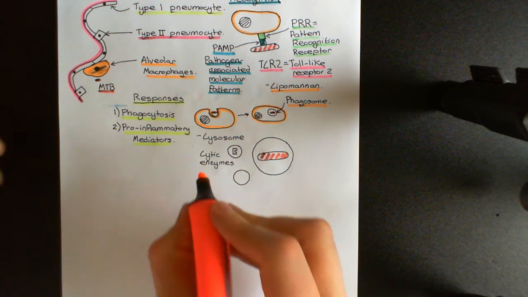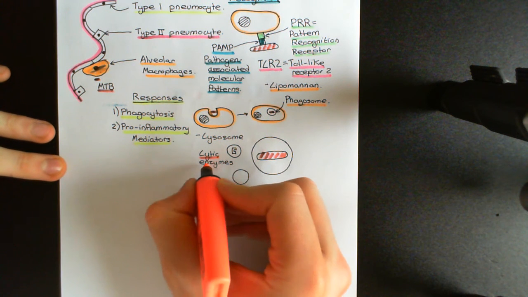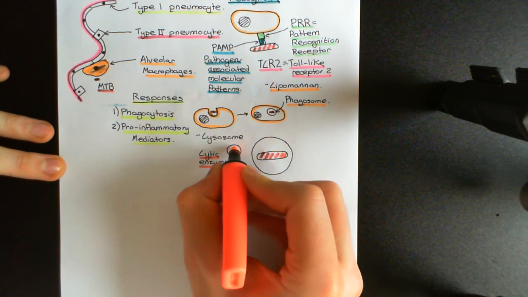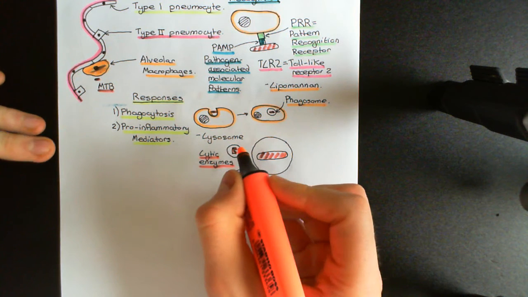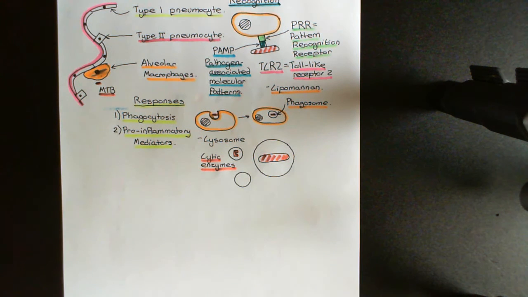And you'll have lytic enzymes that are capable of breaking down all sorts of different biomolecules. By biomolecules, I mean nucleic acids, proteins, lipids, carbohydrates. You'll have enzymes for all those different types of biomolecules that will be able to break them down. So break down, for instance, RNA, break down proteins, break down polysaccharides, etc.